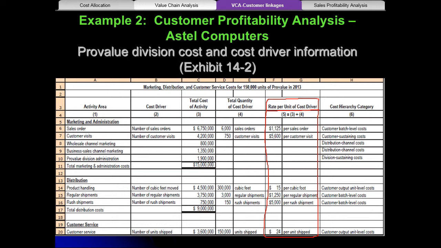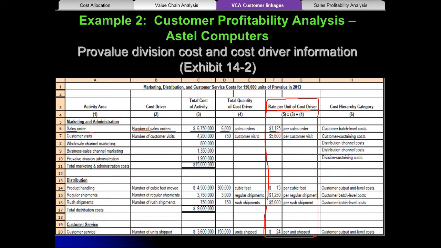So for example, a sales order is driven by the number of sales orders, and there's the total cost of the activity taken from ProValue's financial statements. There were a total of 6,000 sales orders during the period, so on average it cost $1,125 to process each sales order.